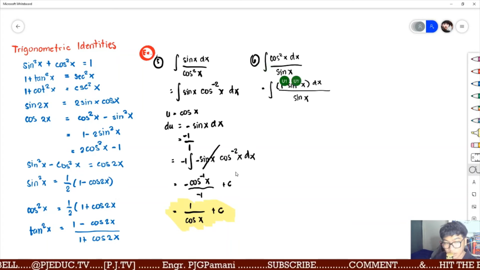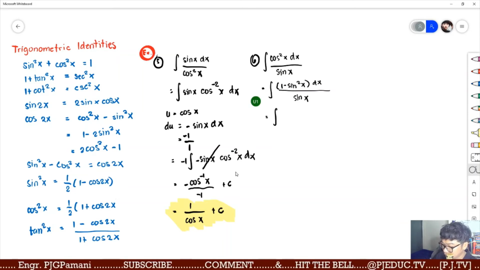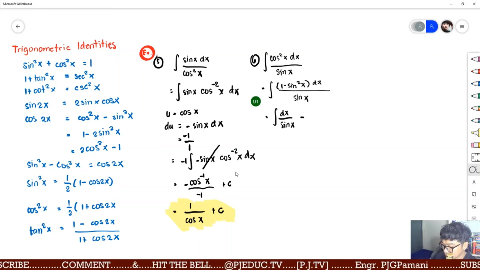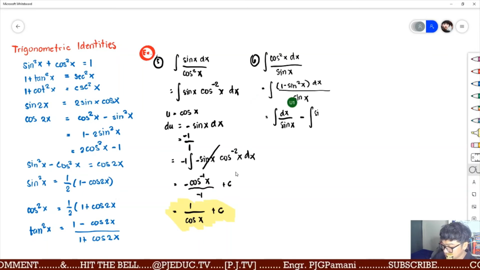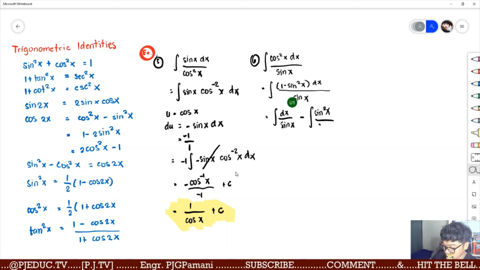So, ganyan lang din naman siya. Such that, distributing our antiderivative, this is now dx over sine x minus sine squared x over sine x dx.